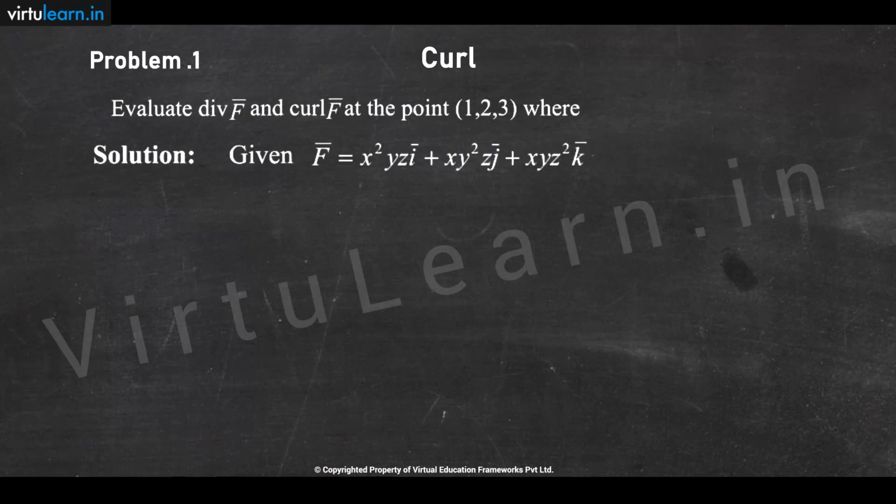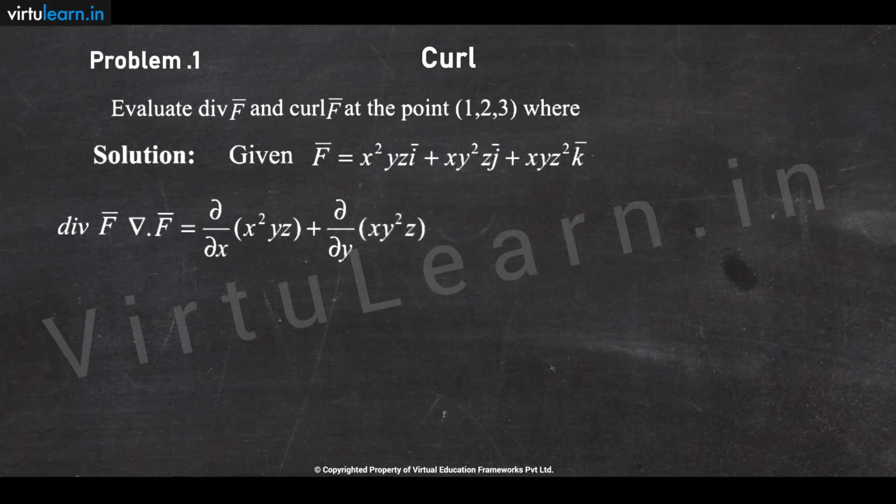Now, how to find out the divergence? Divergence means dou by dou x of the first component plus dou by dou y of the second component plus dou by dou z of the third component. So it is dou by dou x of x square yz plus dou by dou y of xy square z plus dou by dou z of xyz square.